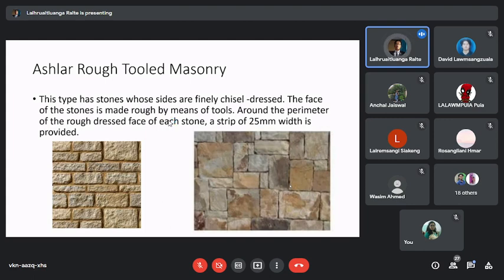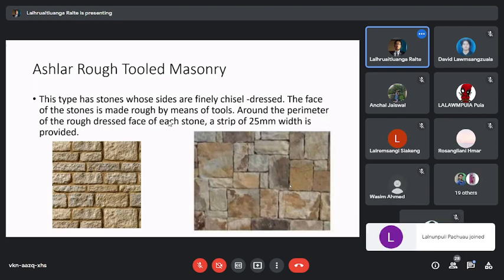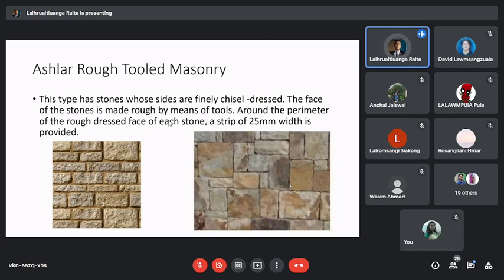So here you can also see that we have different sizes of stones, and they are being neatly layered on top of each other, and they are given a sufficient amount of strip, especially at the joints.